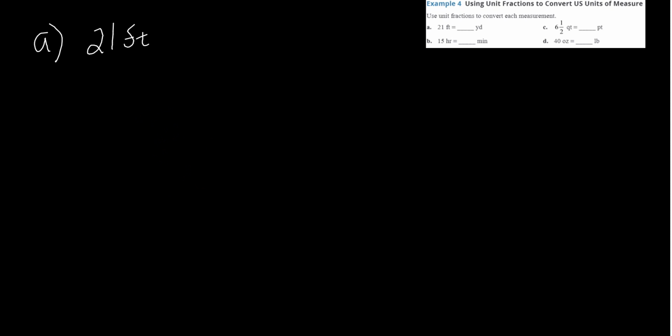So what we're going to do is multiply this by something. Let's just go ahead and put this over 1, just for the sake of really driving this point home. I know that I'm going to have to put feet down here, so I can cancel the feet unit.